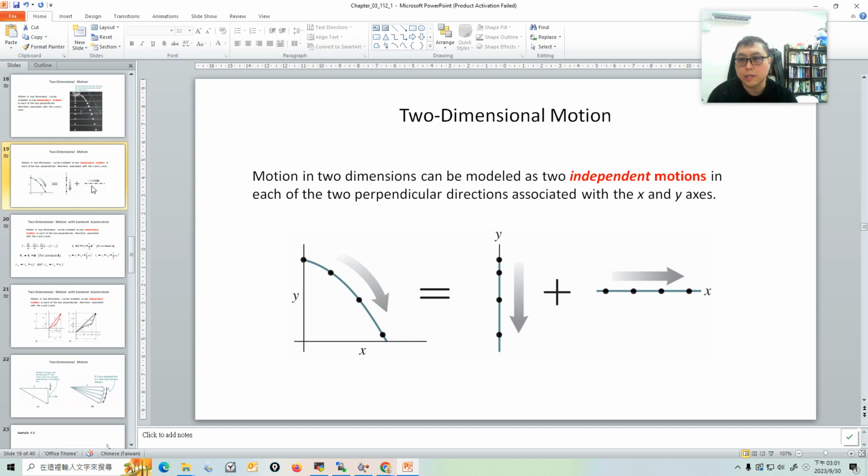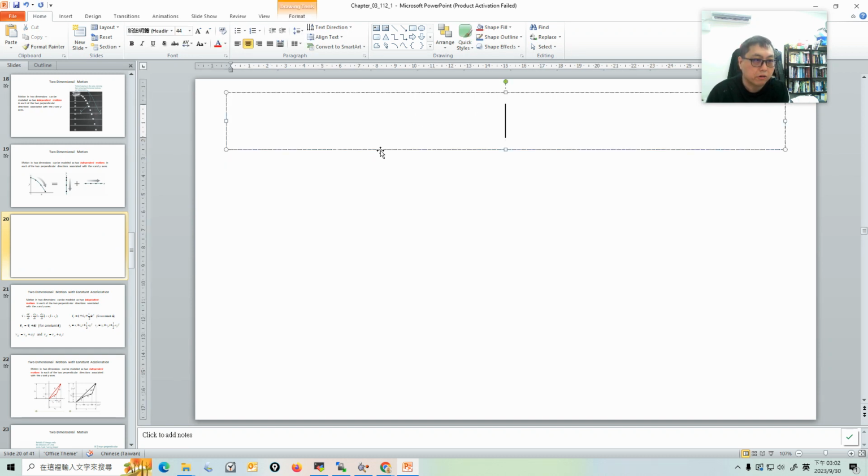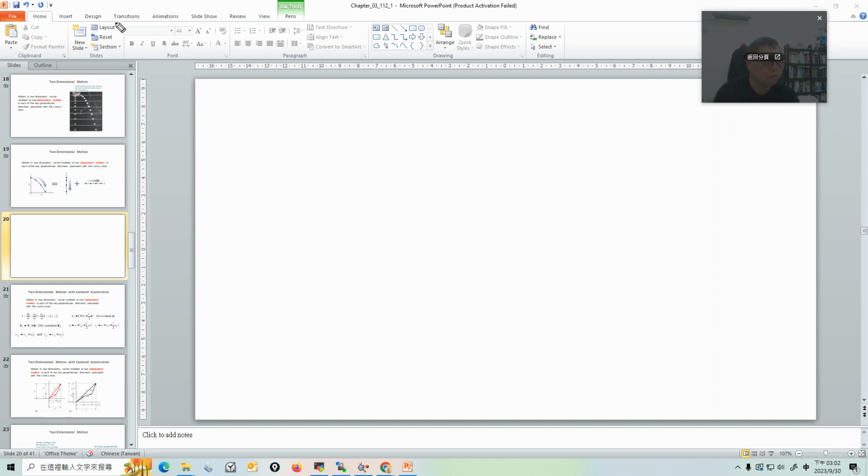In 1D kinematics, I have two equations of motion that I like most.